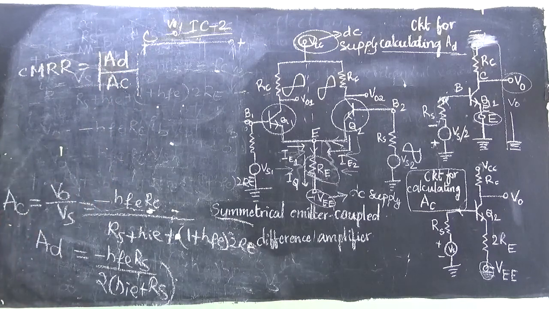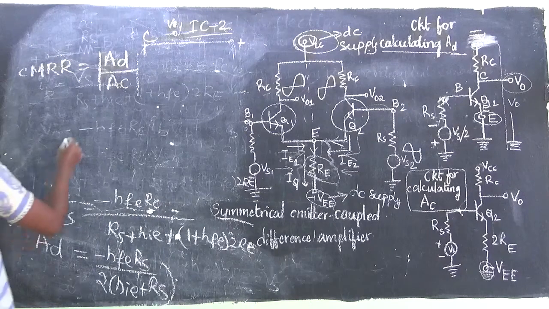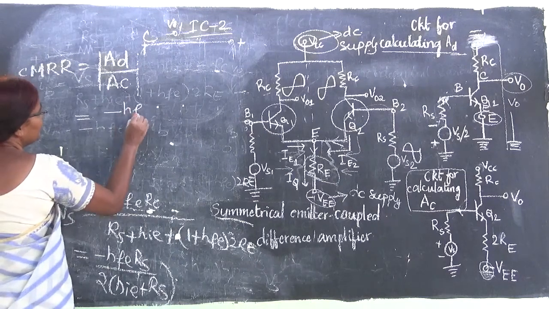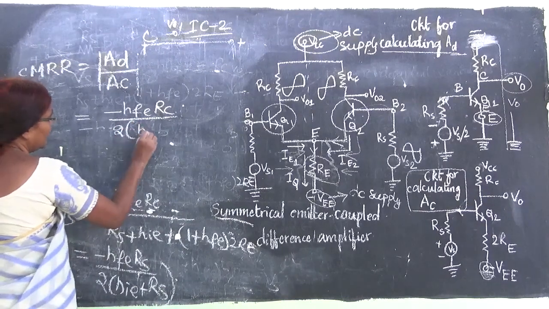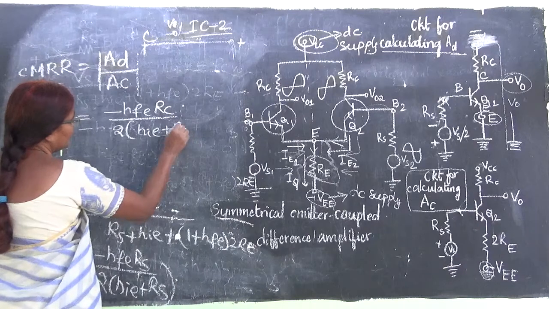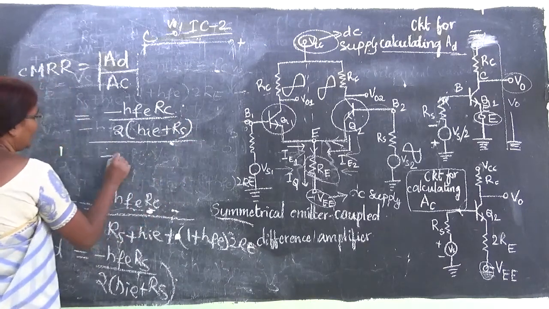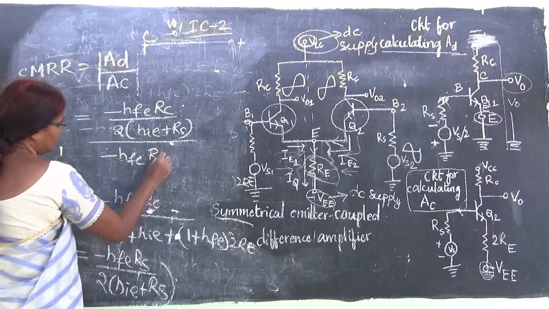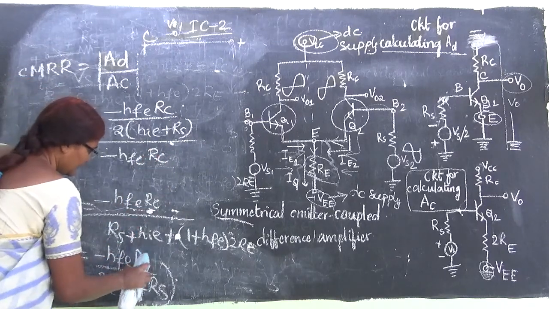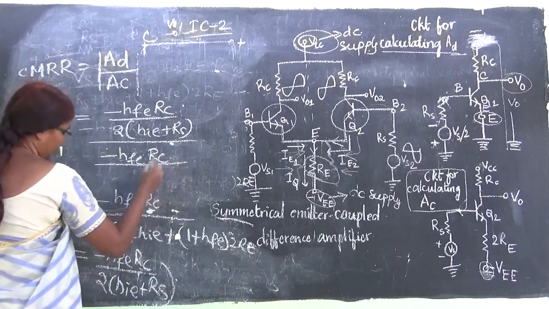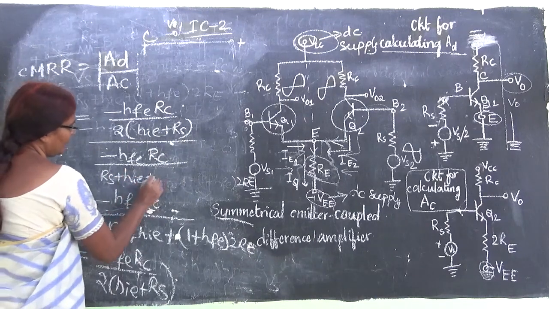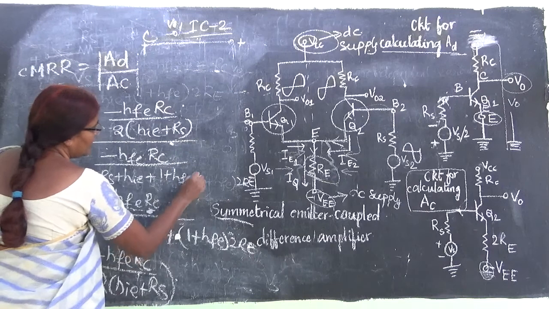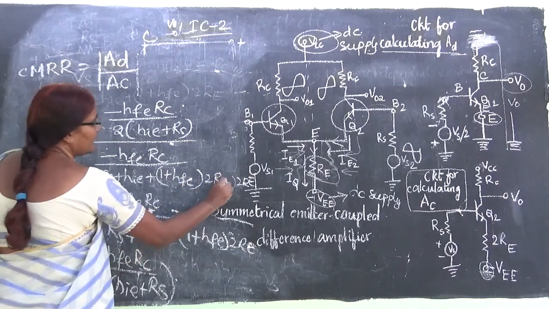So the differential gain, minus hfe RC by 2 into (hie plus Rs), divided by minus hfe RC, not Rs here, RC, divided by Rs plus hie plus (1 plus hfe) into 2RE.